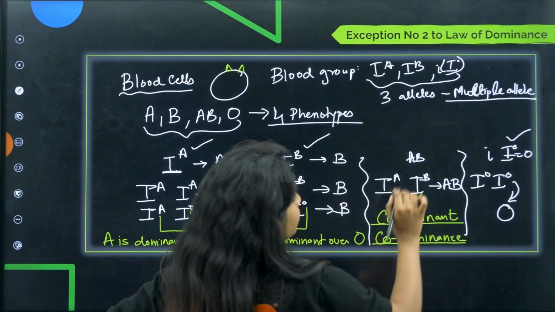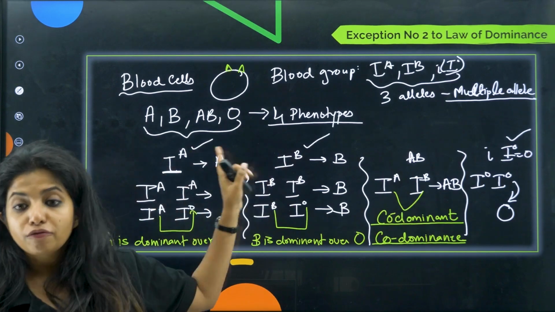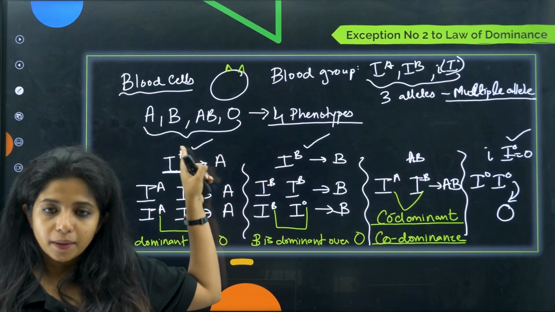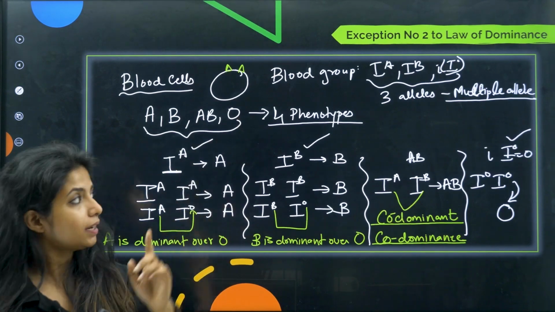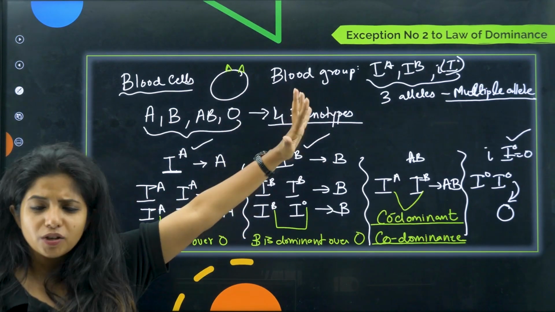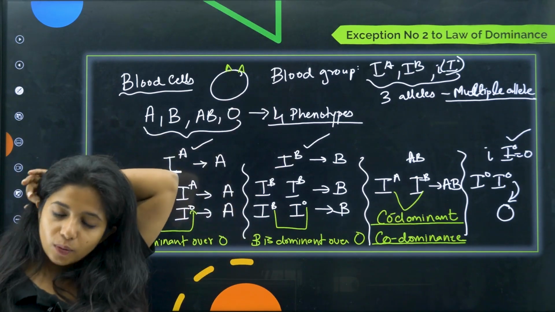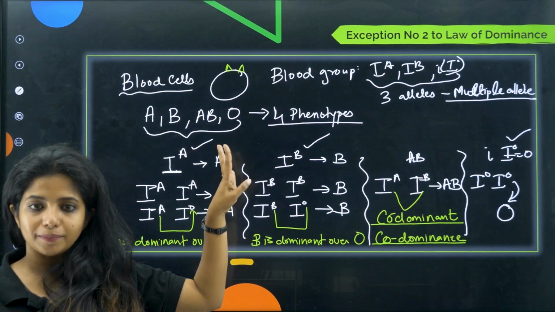We say for blood groups we have multiple alleles, children, and we have 4 phenotypes: A, B, AB and O. 4 phenotypes are there. That is different. Alleles are different. Alleles are 3 in number. They come in different combinations to give out the different phenotypes. But phenotypes, if you see, you have 4 of them.